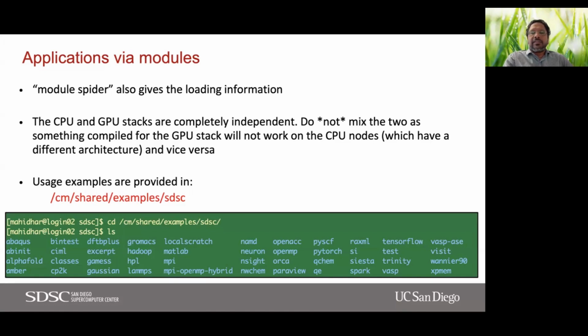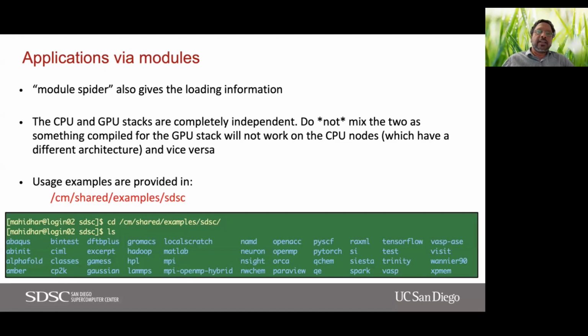So you need to be really careful about loading the modules. So make sure all of the modules that you load are consistent with the node that you're planning to use them for. So on Expanse, that means if you're trying to run a code on the GPU nodes, make sure you go down the GPU branch of the modules.